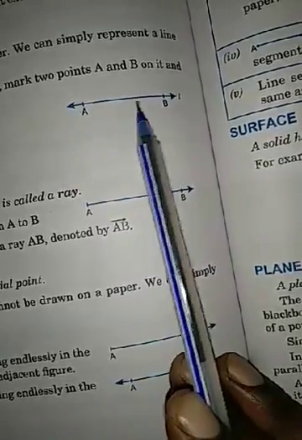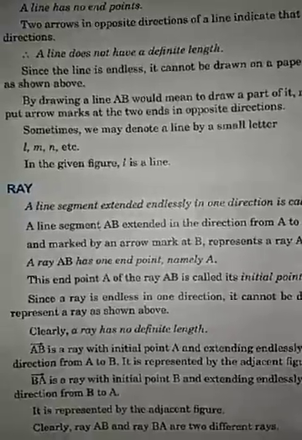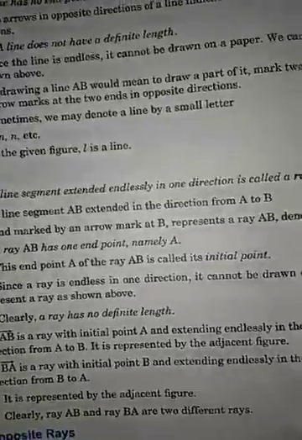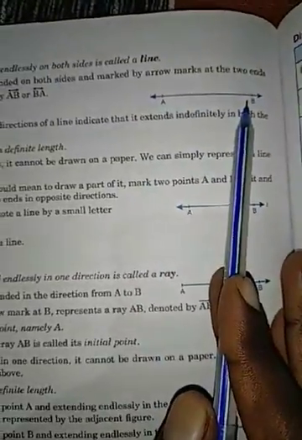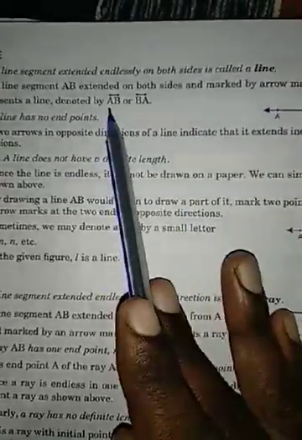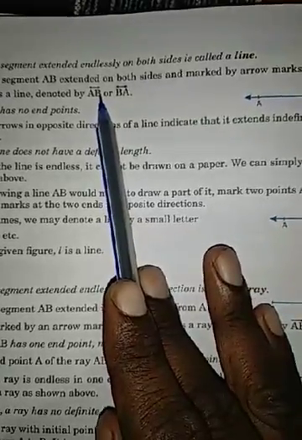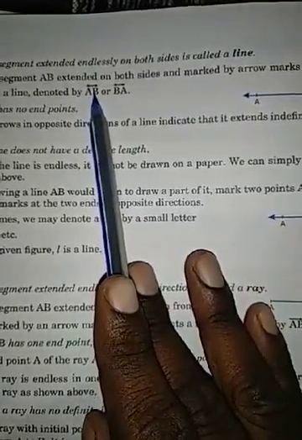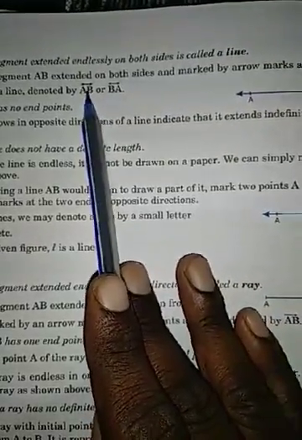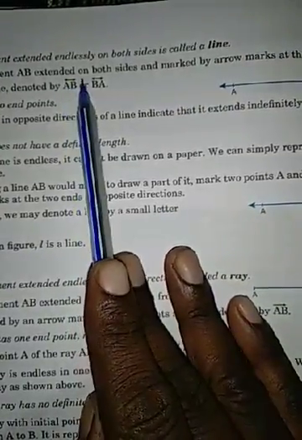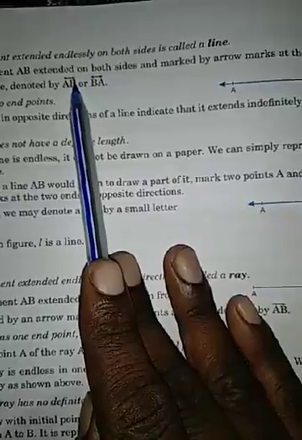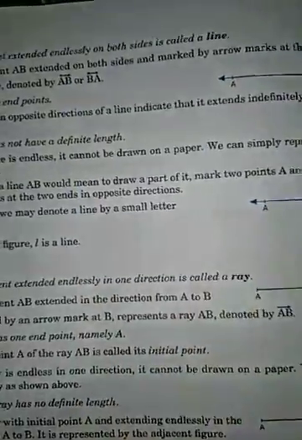Sometimes we denote a line by small letters such as l, m, a, etc. Line AB can be denoted by putting a bar over AB with two arrows on the two ends of the bar.